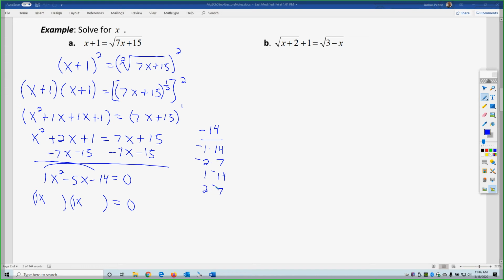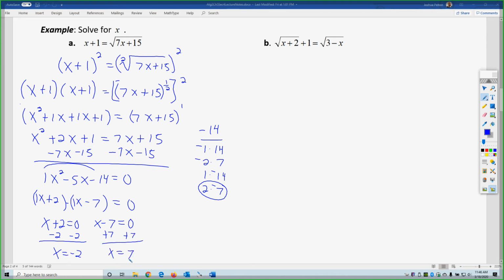This must add up to negative 5. So 2 and negative 7 will work. So positive 2 and negative 7 will give us our negative 5x when we multiply it back. So x plus 2 is equal to 0, and x minus 7 equals 0. So minus 2, x is negative 2, and add 7, x is 7.